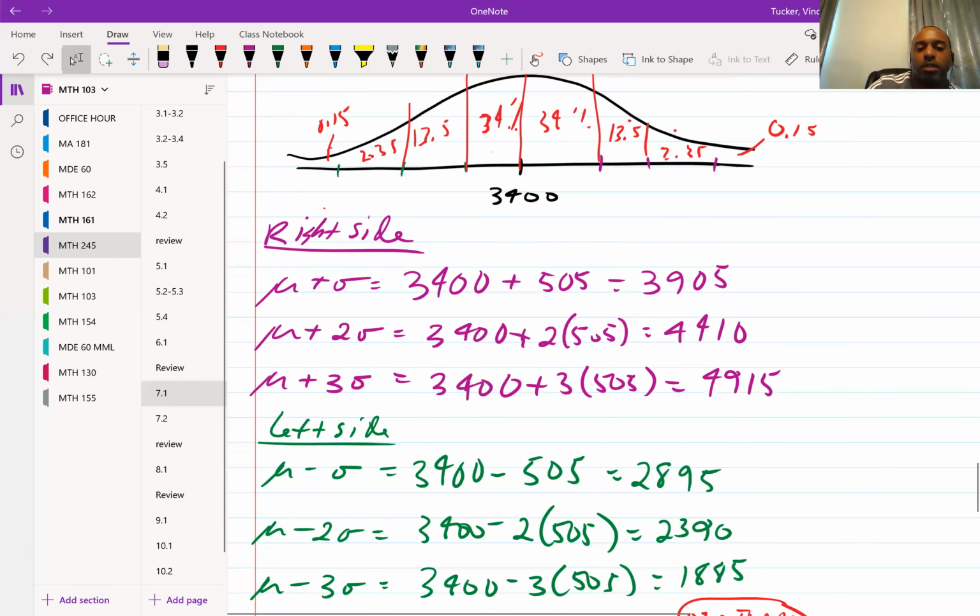So notice I put up there, we need the chart from pages A11 and A12. That's in the appendix. Matter of fact, let me go ahead and pull it up.